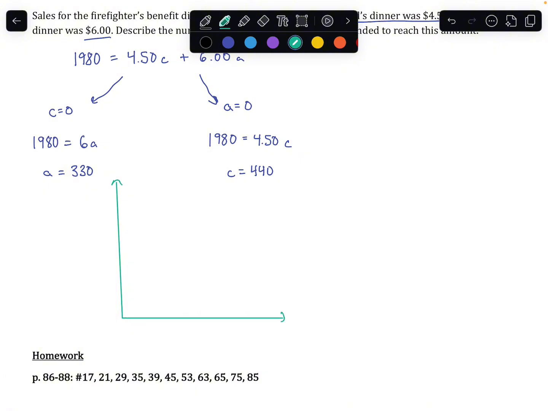I'll put my number of children on the bottom. On the left, I'll put number of adults. I'm going to go every 100, so 1, 2, 3, 4, 5. Same thing on the bottom. 1, 2, 3, 4, 5.